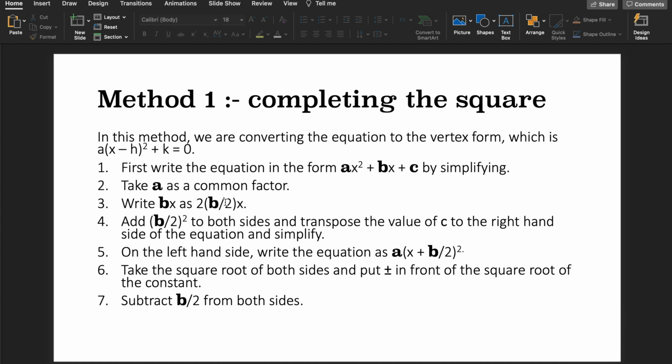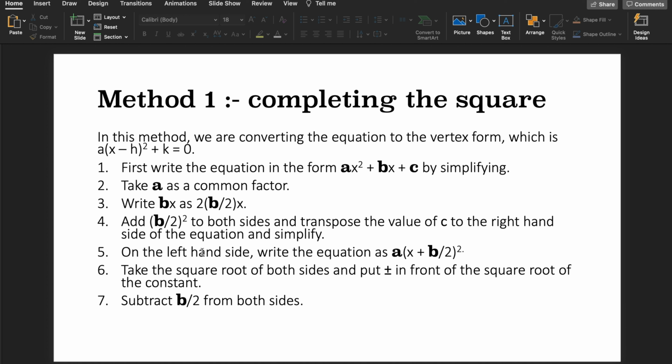These two forms are equivalent, but this one will make it easier for you to identify what to do next. Then on both sides of the equation, we'll have to add the term b divided by 2 whole squared, and transpose the value of c to the right hand side of the equation and simplify.